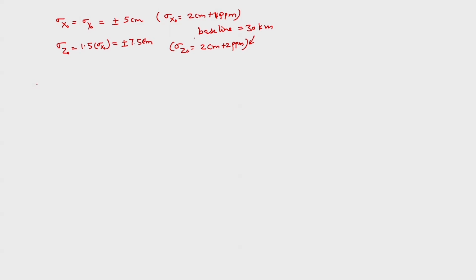What about the errors of omega phi kappa? If I take some IMU model, let us say Applanix 510 IMU, it has values sigma omega, sigma phi equal to 0.005 degree and sigma kappa is 0.008 degree.